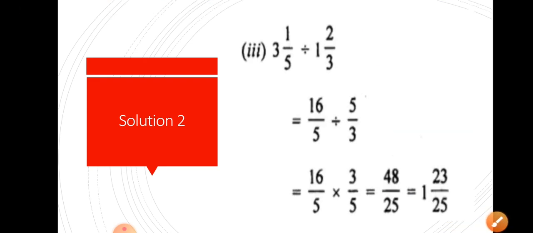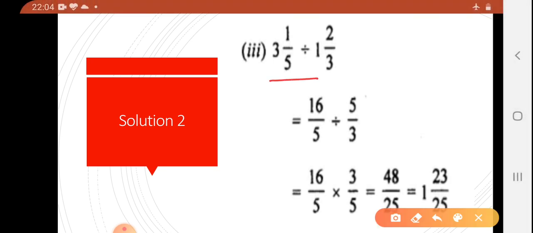Now next question, 3 whole 1 upon 5 divided by 1 whole 2 upon 3. First step we will change into improper fractions. 3 whole 1 upon 5, when we change it, will come 16 upon 5 divided by 5 upon 3. Next step, the next fraction will be reciprocal with multiplication sign. 16 upon 5 into 3 upon 5.